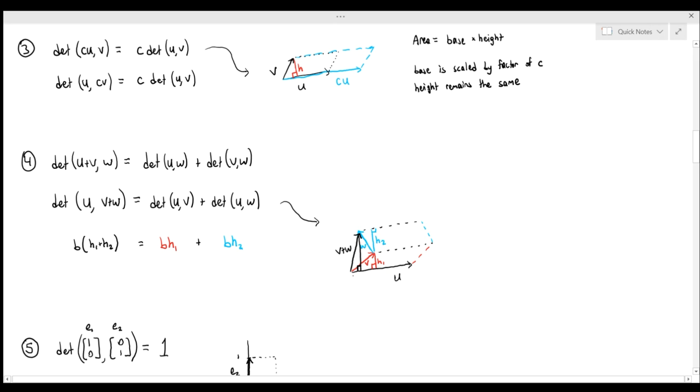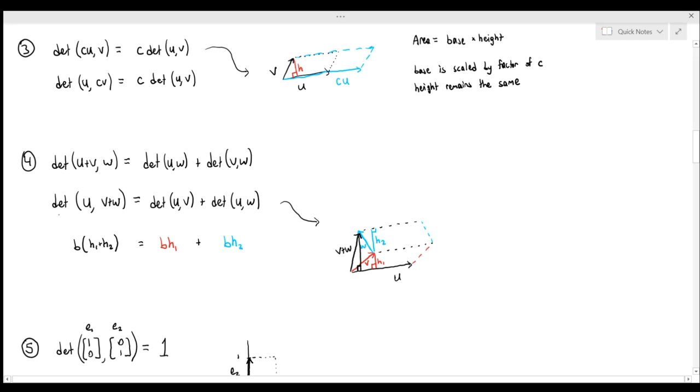So then here's the parallelogram formed by u and v plus w. And this would be the height of that parallelogram, thinking of u as the base. Notice that the height of this parallelogram is the sum of the two heights formed by these two parallelograms.